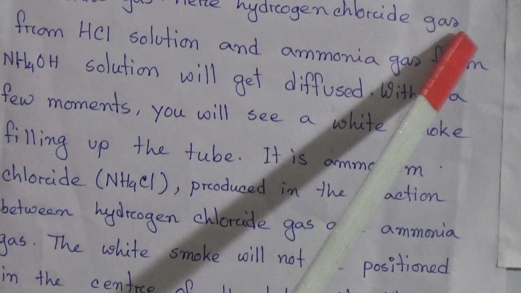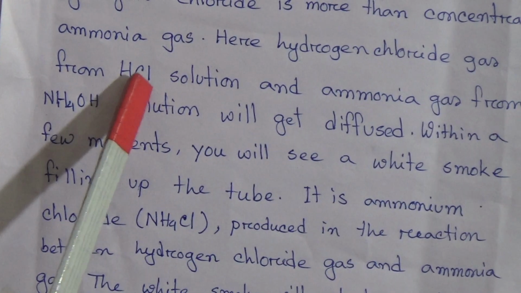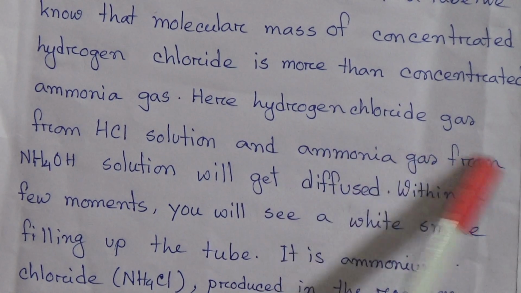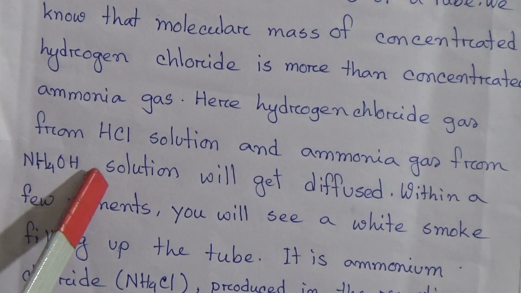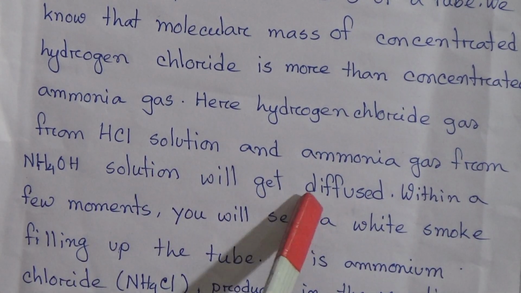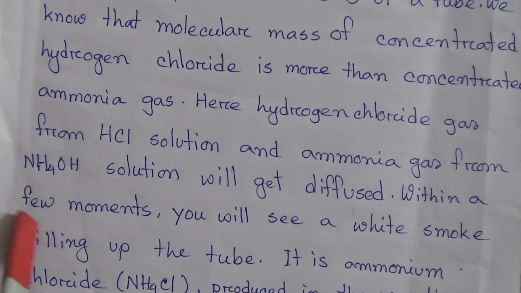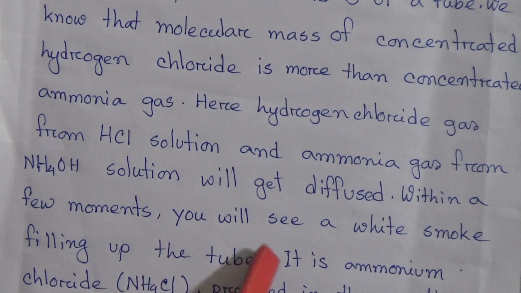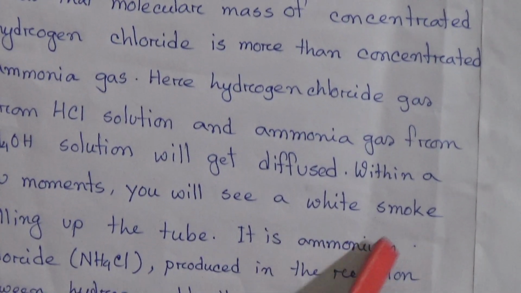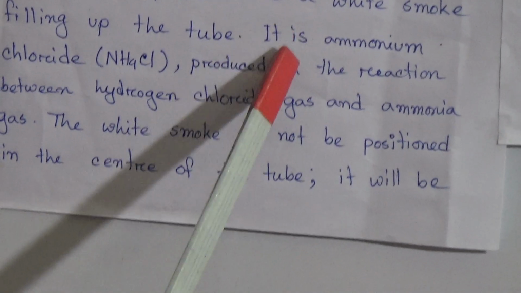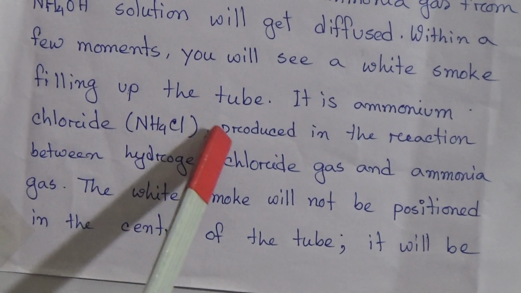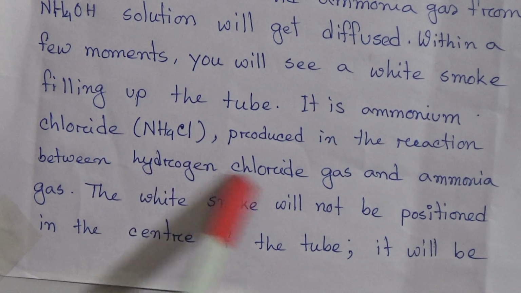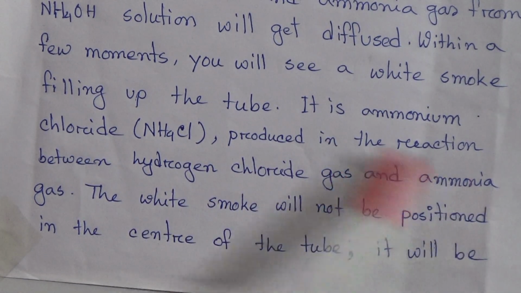Hydrogen chloride gas from the HCl solution and ammonia gas from the ammonium hydroxide solution will diffuse. Within a few moments you will see a white smoke filling up the tube. It is ammonium chloride produced in the reaction between hydrogen chloride gas and ammonia gas.